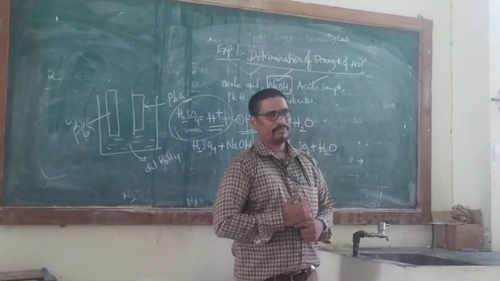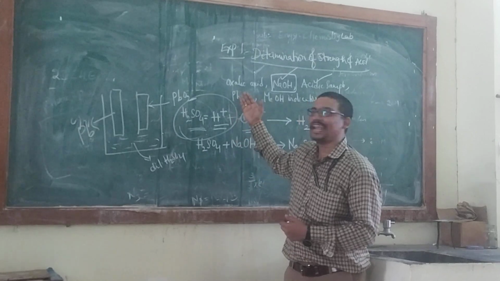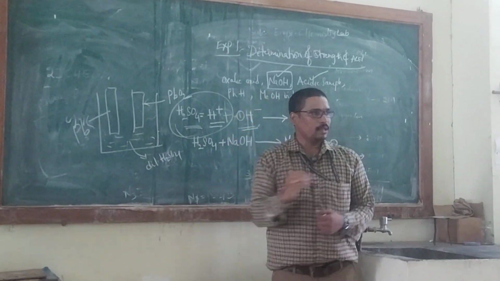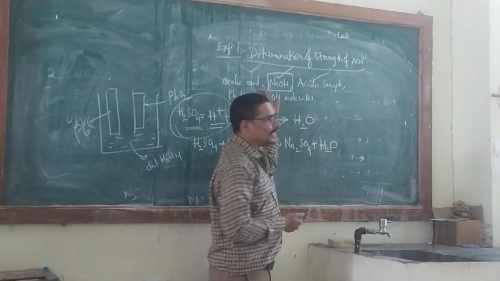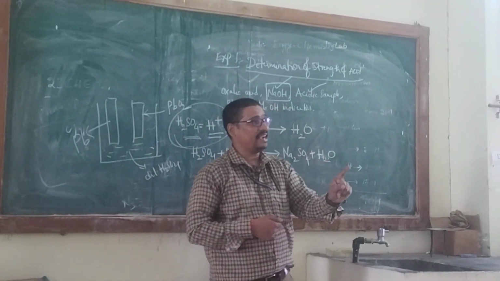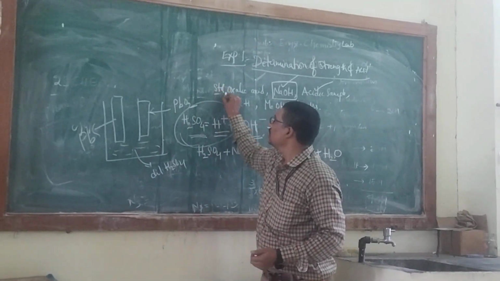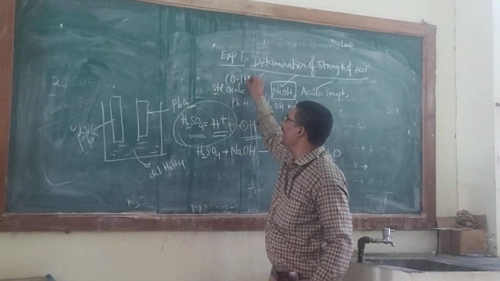What is the procedure? In the procedure we will find the preparation of solutions, how to prepare these solutions in the laboratory. In the preparation of solutions, oxalic acid is a primary standard solution with a standard concentration of 0.1 normality.